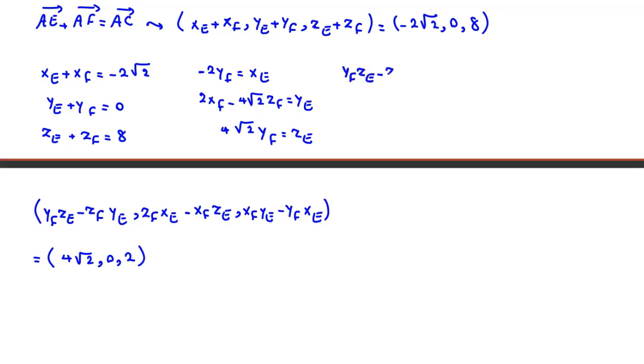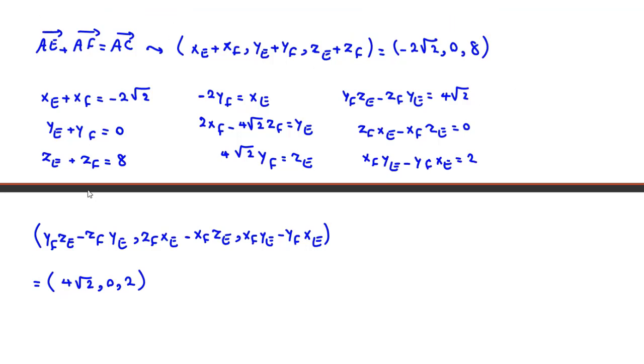YF ZE minus ZF YE equal to 4√2. ZF XE minus XF ZE equal to 0. XF YE minus YF XE equal to 2. Let's erase this part.